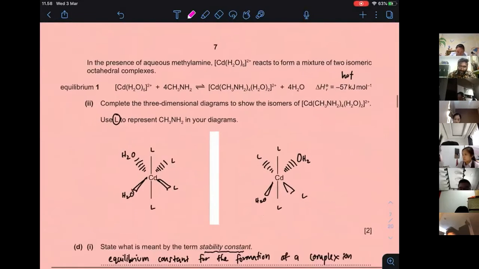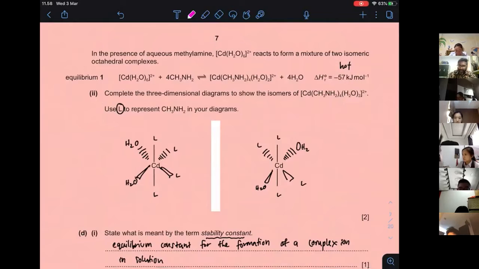In the presence of aqueous methylamine, this reacts to form a mixture of two isomeric octahedral complexes. Complete a three-dimensional diagram to show the isomers. They are asking you to use L to represent CH3NH2.